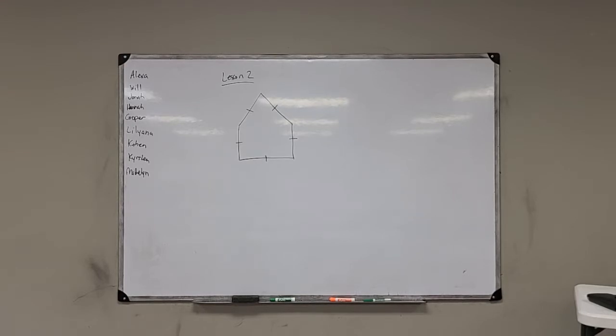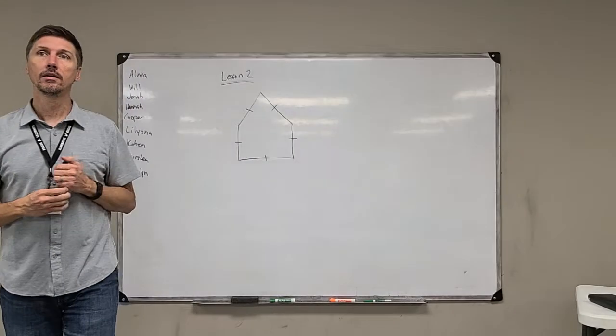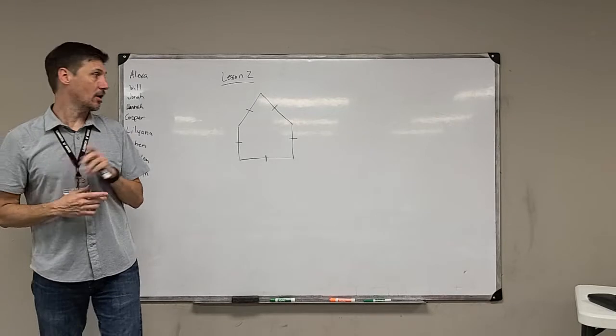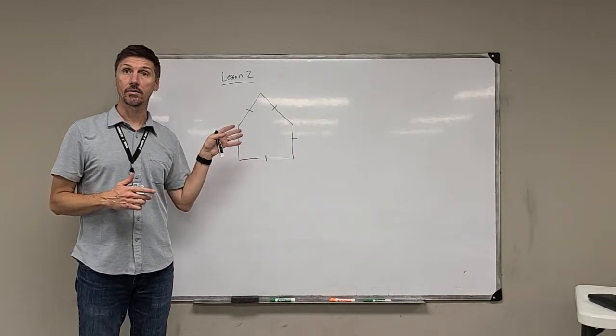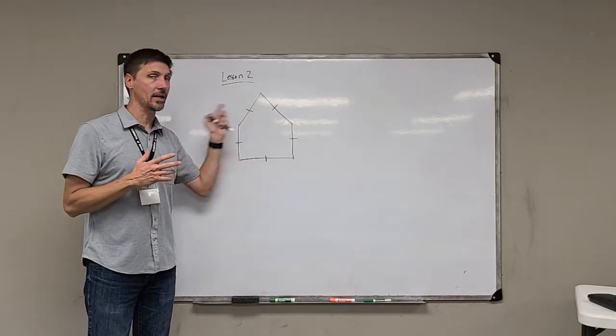Okay, so you are Allison, right? So Allison, do you know what these little marks mean that I've written along the polygon here? You have no idea? All right. What if I were to tell you that those marks meant that all of the sides, every side with that mark on it, is the same length? They have equal lengths, okay? So this means all the lengths of the sides are the same.